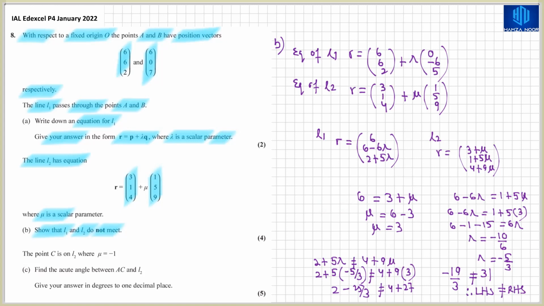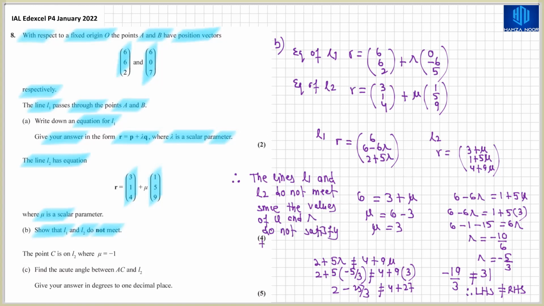Okay, so therefore we can conclude that the lines L1 and L2 do not meet since the values of mu and lambda do not satisfy the k component.